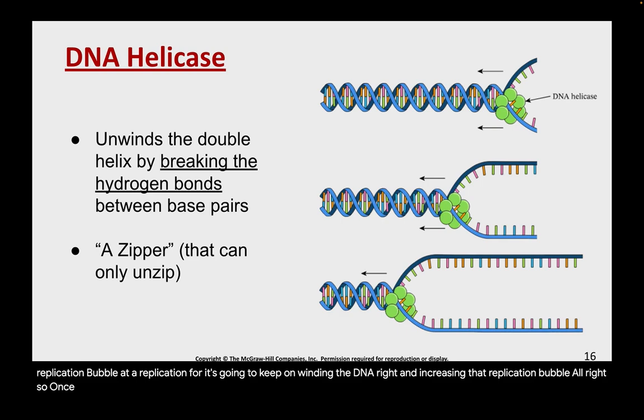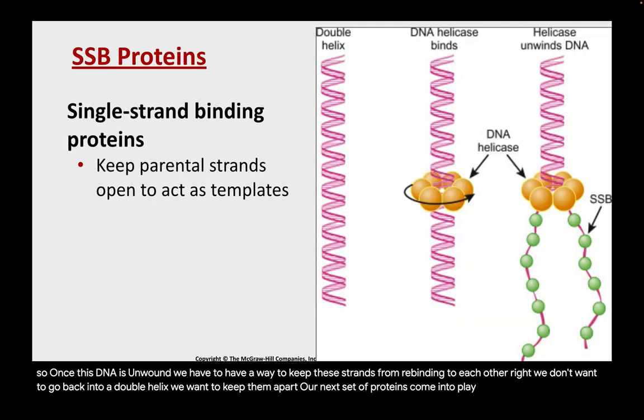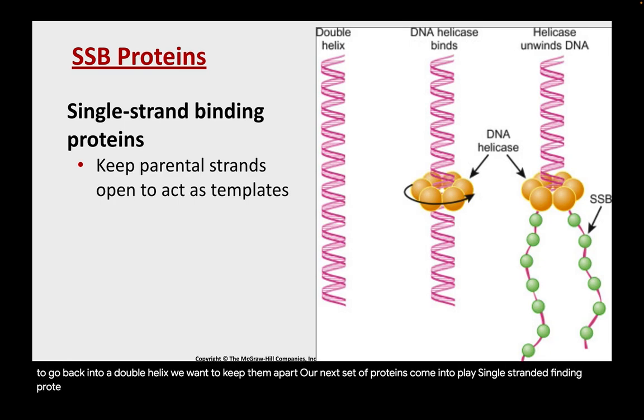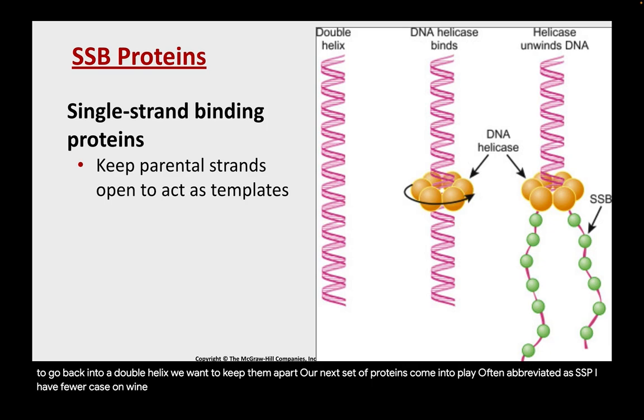Once this DNA is unwound, we have to have a way to keep these strands from rebinding to each other. We don't want it to go back into a double helix. We want to keep them apart. That's where our next set of proteins come into play. Those are the single-stranded binding proteins, often abbreviated as SSB. As helicase unwinds the DNA, we're getting 2 separate strands.